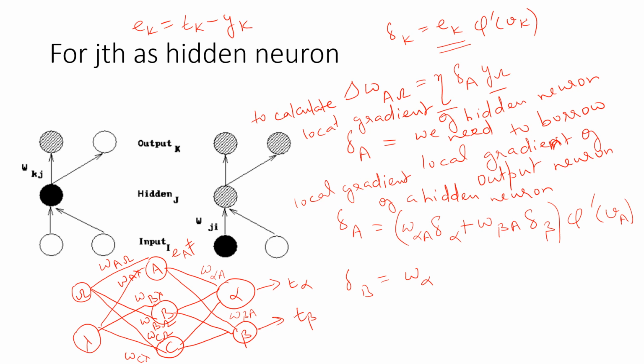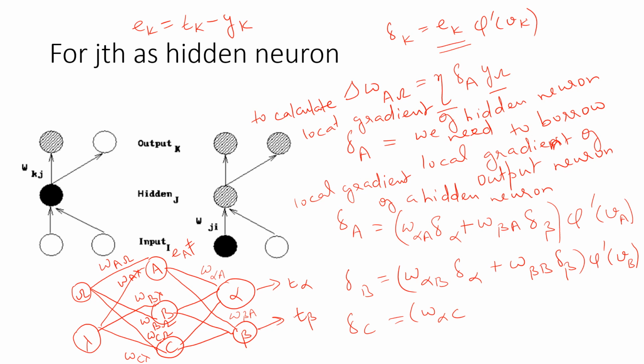So we have the weight between alpha and B into the local gradient of alpha, plus the weight between beta and B into the local gradient of beta, multiplied with the derivative of the activation function at the weighted sum at neuron B. Similarly, for the local gradient of C, these are the weights of alpha and C. C is again connected with alpha and beta both.